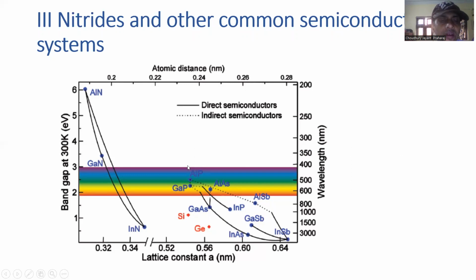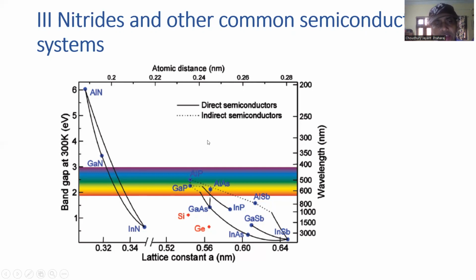And the other thing that is shown here are that these dotted lines basically represent indirect bandgap materials. Now, the indium gallium nitride, the group 3 nitride system, is a direct bandgap semiconductor system, and that is very good for light absorption, and that helps to optimize solar cell devices better and other kinds of devices better as well.